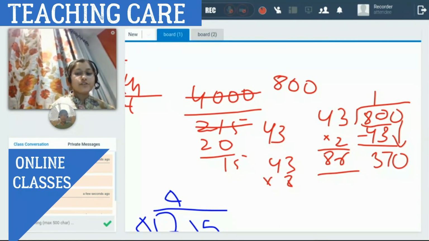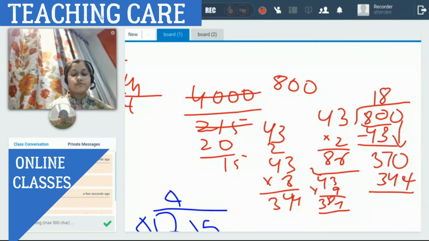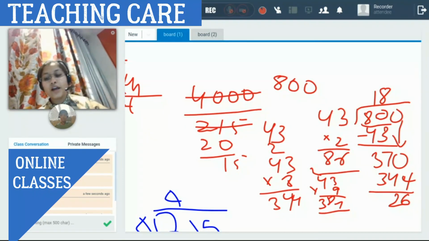Now 43 into 8, 344. 43 into 9, 387. 387 is greater, so I will go for 8. 344. Okay, 26. Now 26 is less than 43 and I am left with no other option.